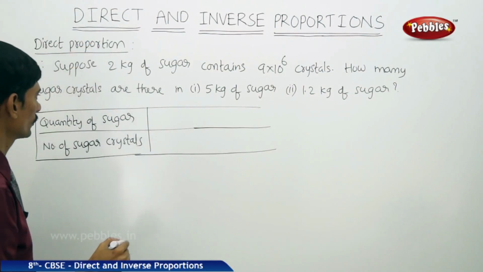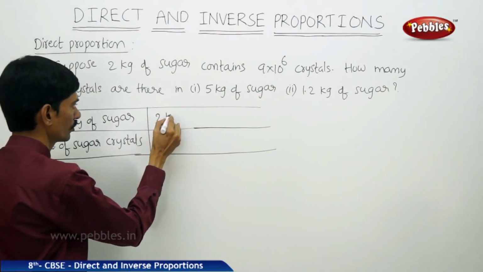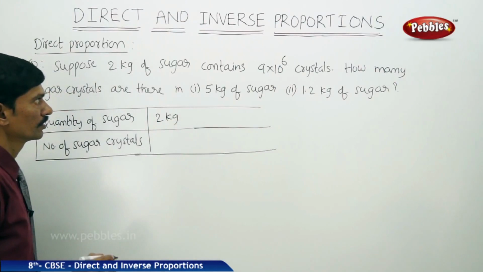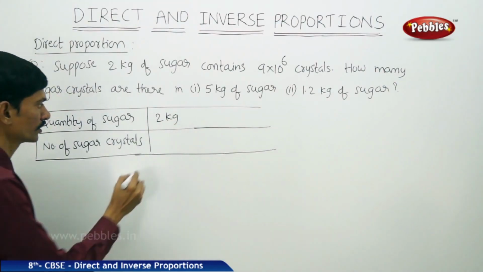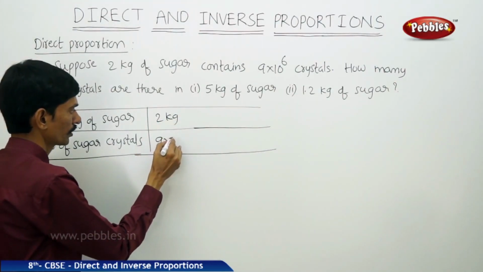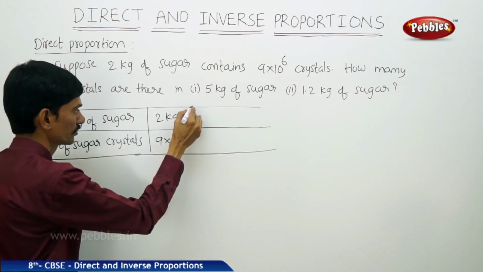Now in 2 kilograms of sugar, here we are taking 2 kilograms, then the number of sugar crystals is 9 into 10 to the power of 6.